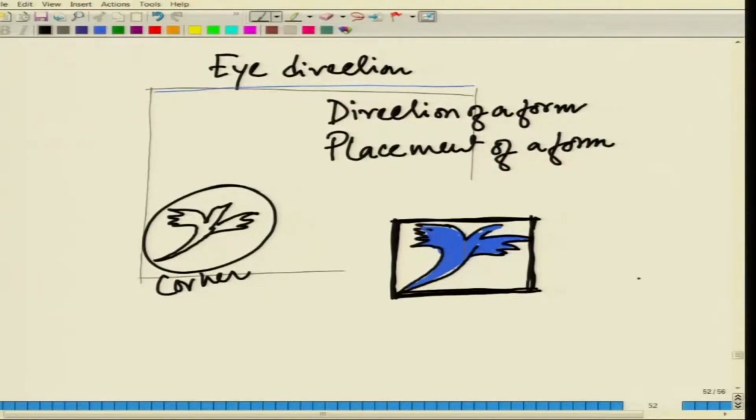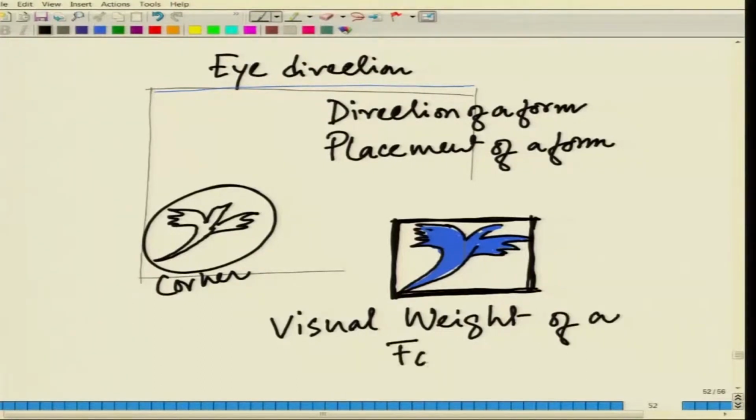Also, the visual weight of a form is a very big factor. This particular form may not be visually very heavy, but the space that it is occupying is also larger as compared to the paper size.